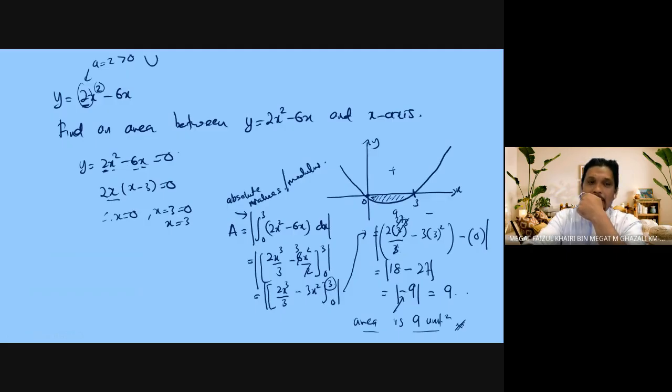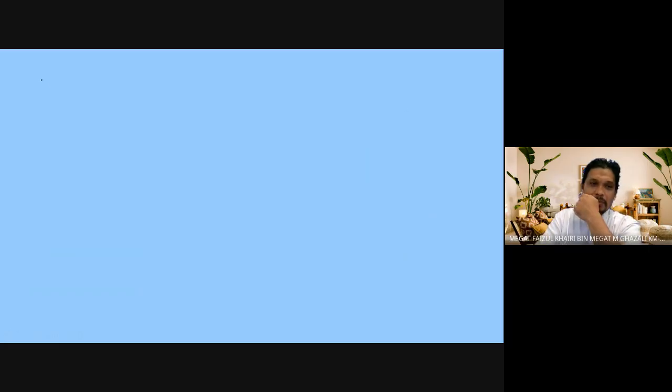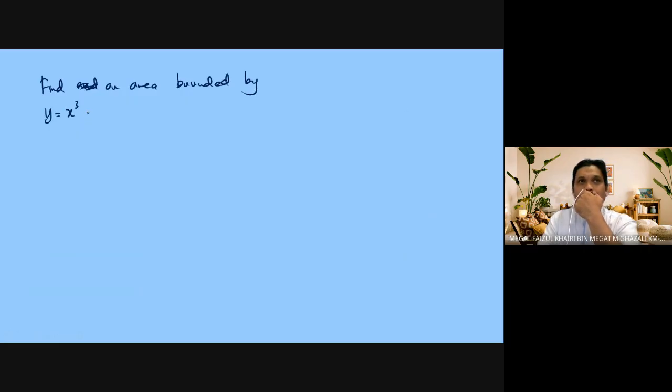Okay, so let's say I give you this: find an area bounded by the curve of function y equal to x cubed minus 5x squared plus 6x and the x-axis.